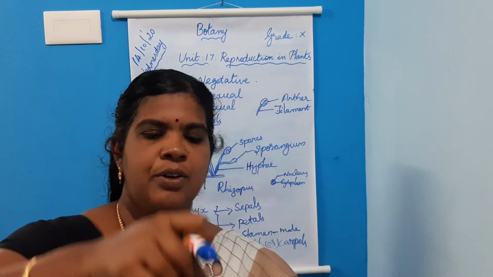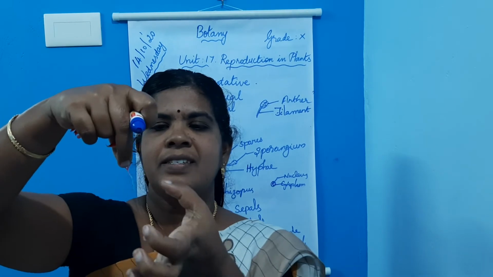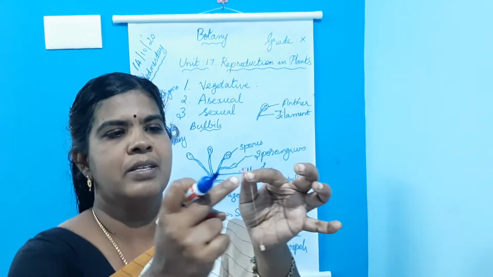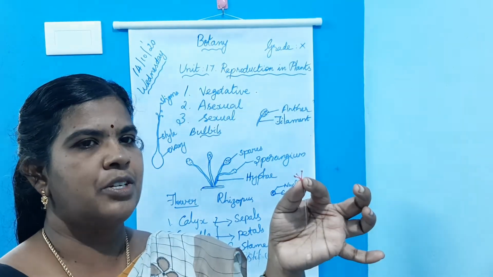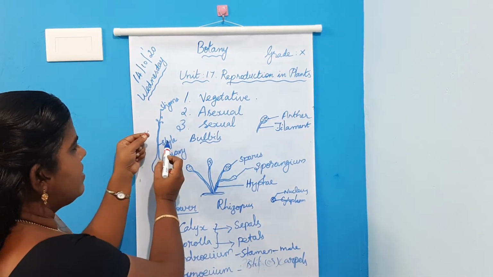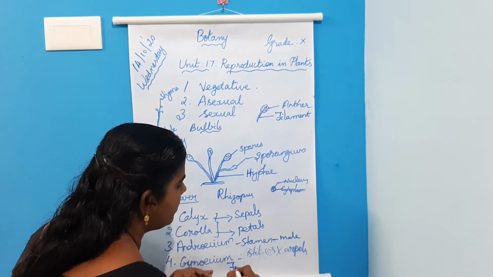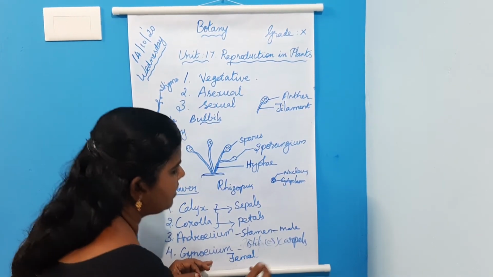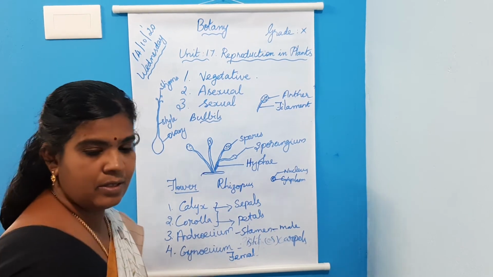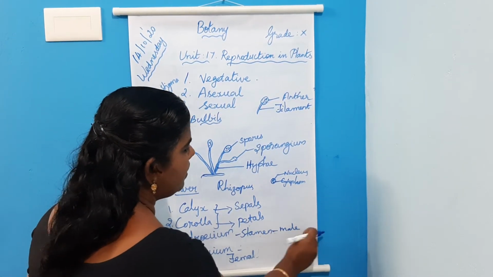It consists of ovary, style, and stigma. These are the parts of the gynoecium. So what are the parts of the gynoecium? Ovary, style, stigma. This is the female part of the flower. Each flower's gynoecium consists of carpels or pistils.